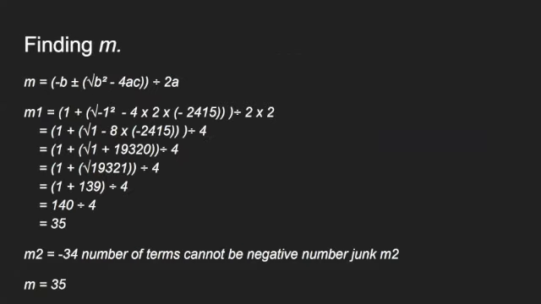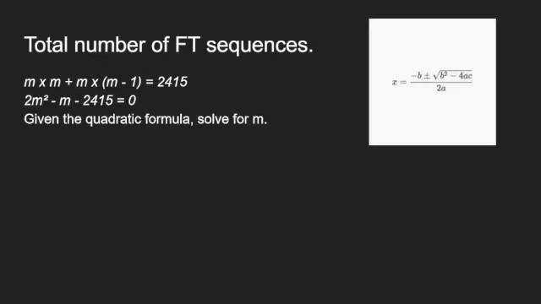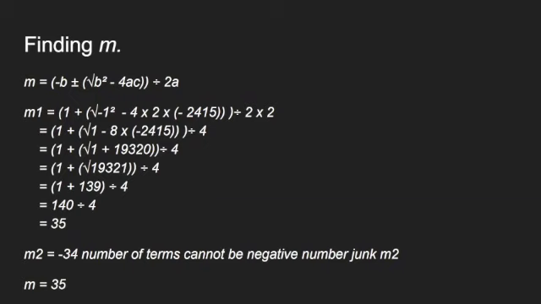So then here, negative b is negative 1. A negative of a negative is a positive, so it's just 1. So we're doing 1 plus the square root of negative 1 squared minus 4 times 2 times negative 2,415, divided by 2 times 2.